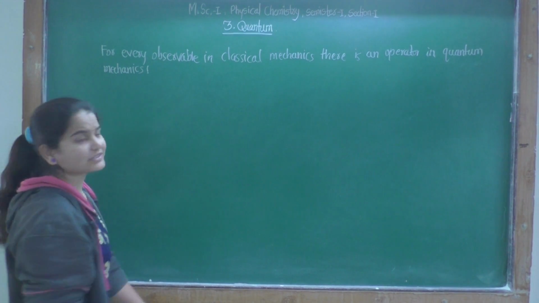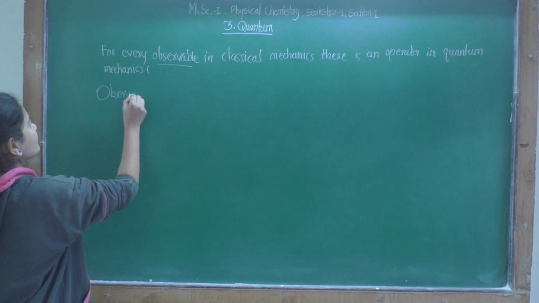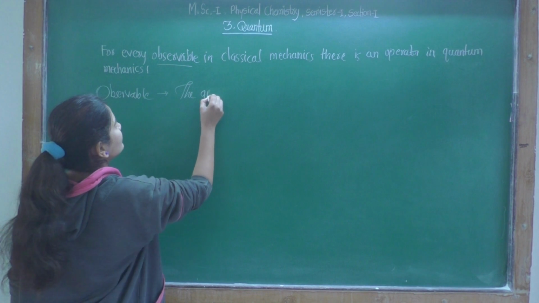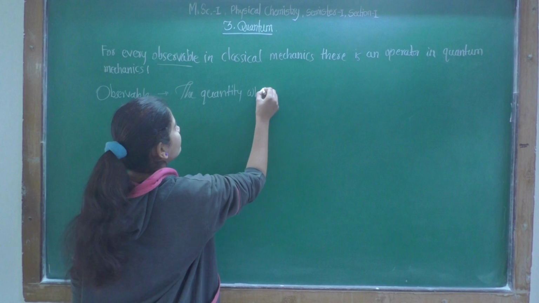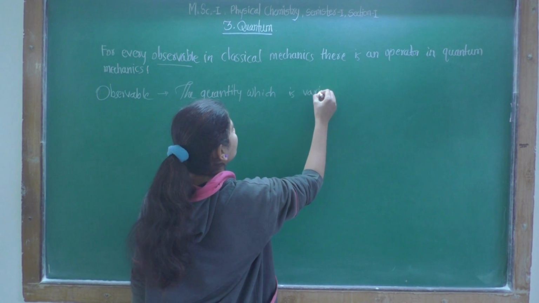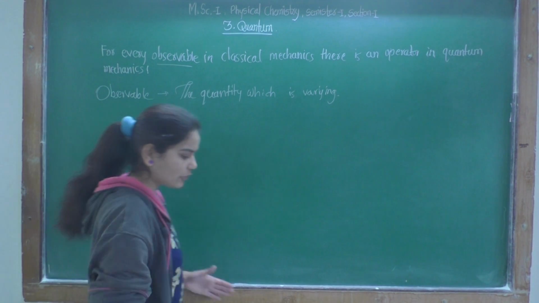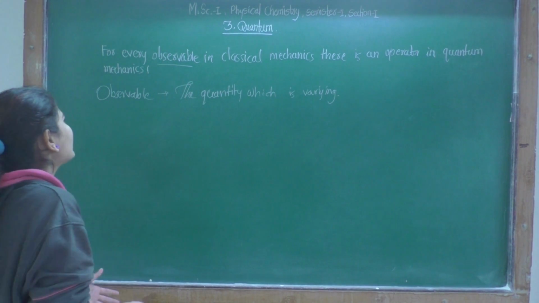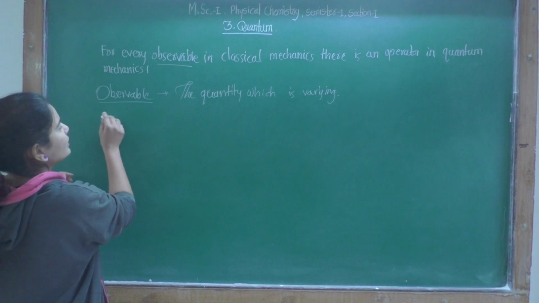Now the question arises, what is an observable? The quantity which varies, that is, the quantity which varies with time and space, is called an observable.